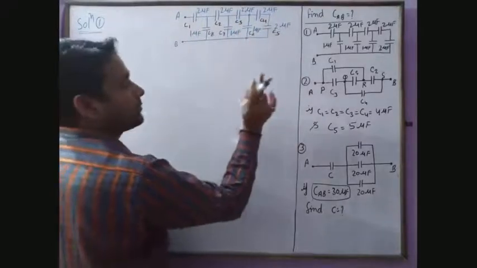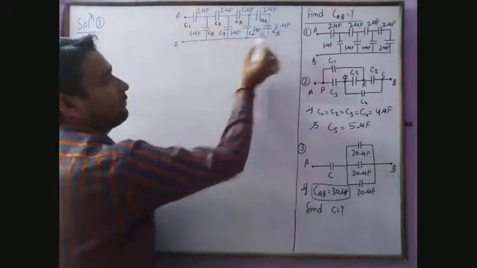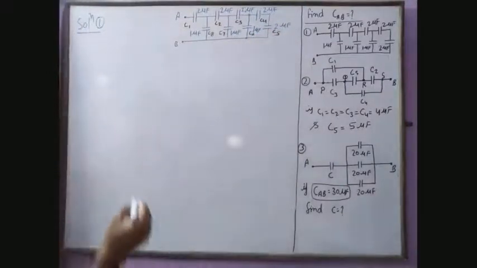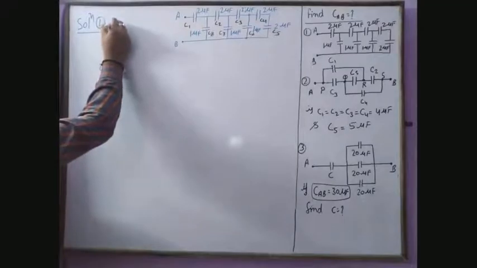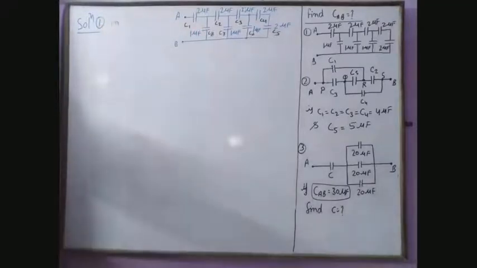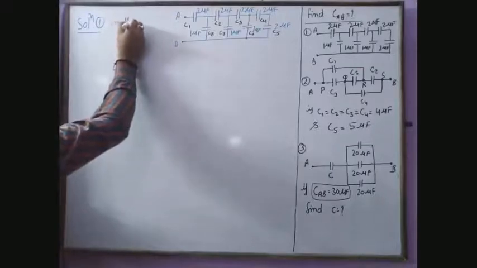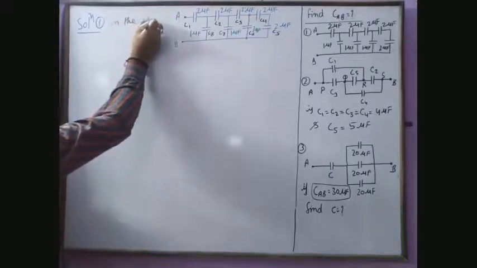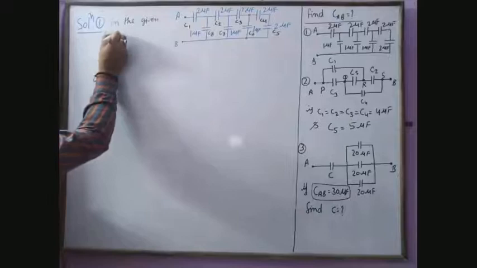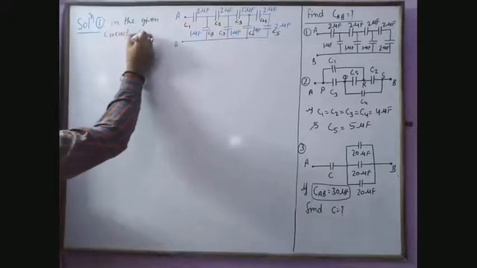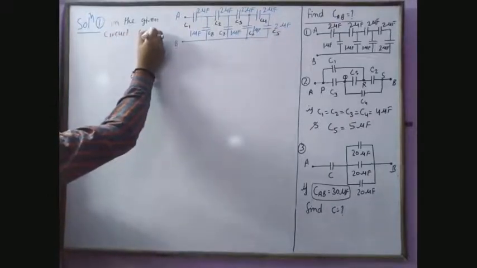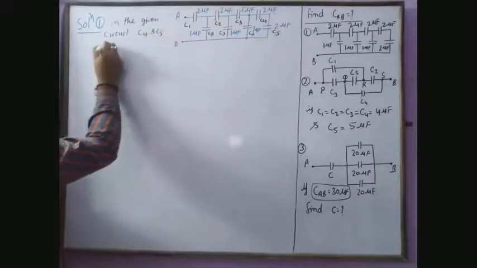So you can observe here that C4 and C5 are in series in the given circuit.